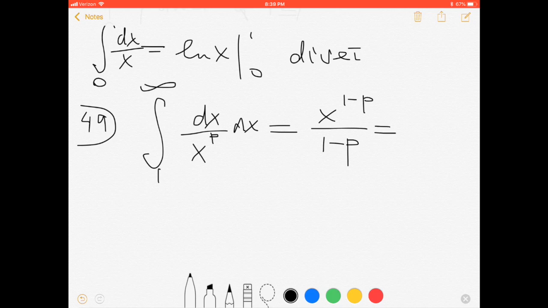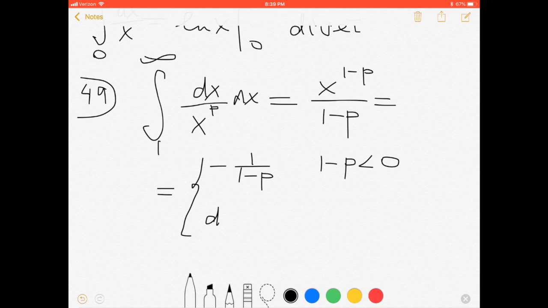Here we have a different situation. This means if 1 minus p is negative, x goes to the denominator, and dividing by infinity gives 0, and we solve correctly. And you have minus 1 over 1 minus p if 1 minus p is negative. And you have divergence if 1 minus p is positive.